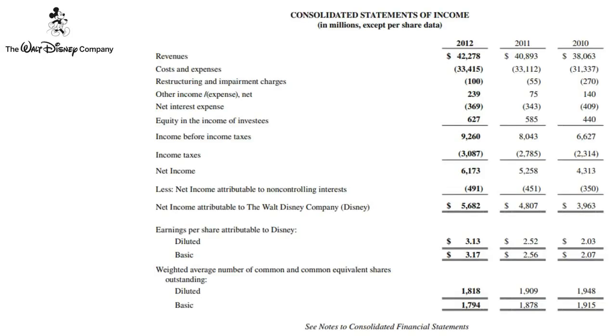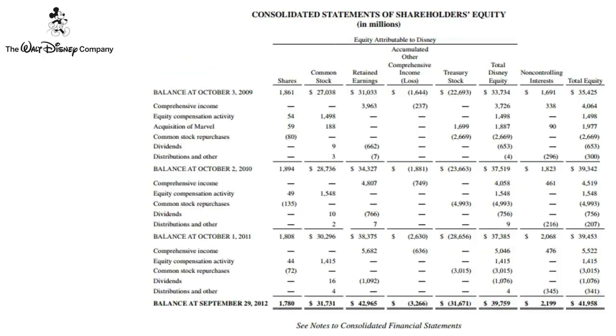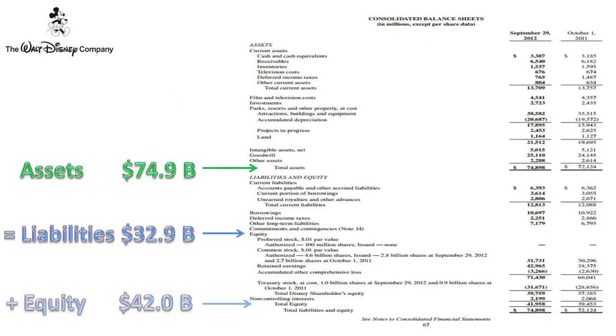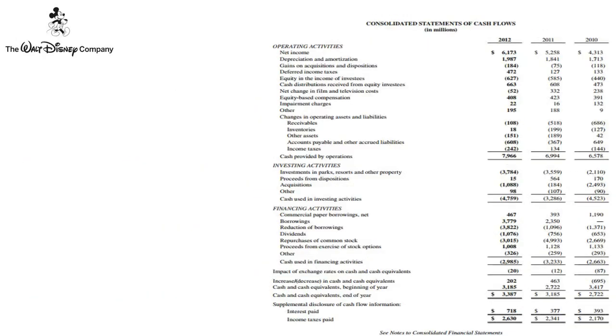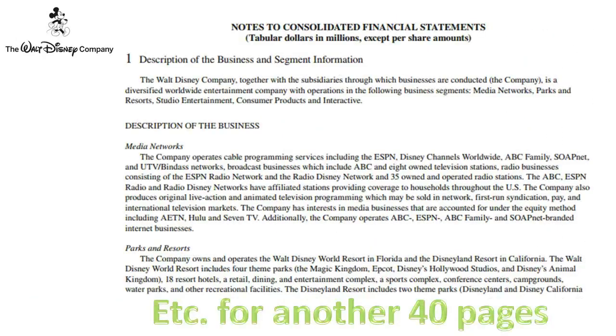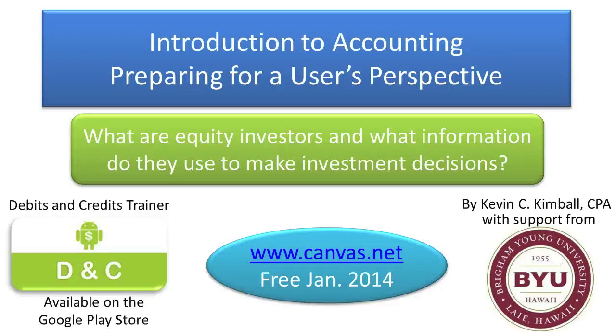A company's general-purpose financial statements consist of its income statement, statement of equity, balance sheet, statement of cash flows, and related footnote disclosures. We will spend the rest of this course studying the general-purpose financial statements with the hope that you will learn how to prepare, read, and use them when making investing and lending decisions.